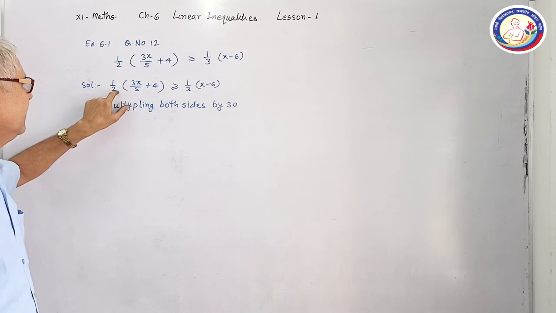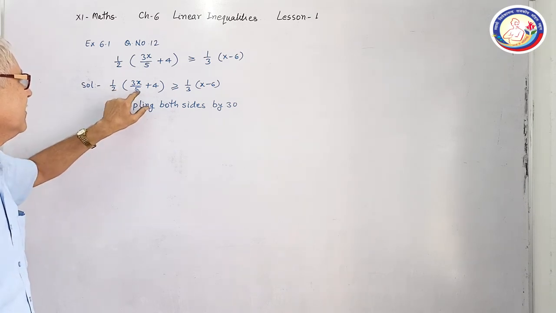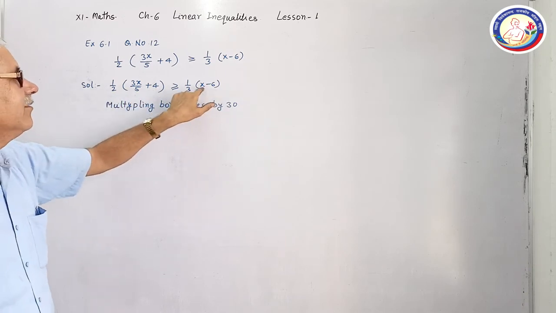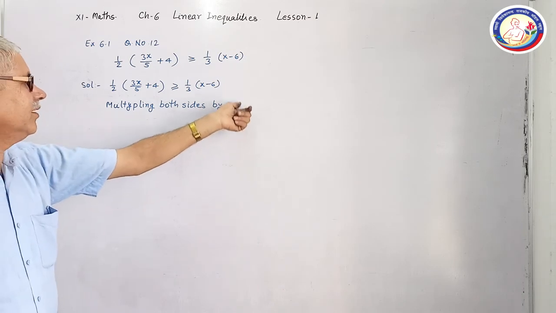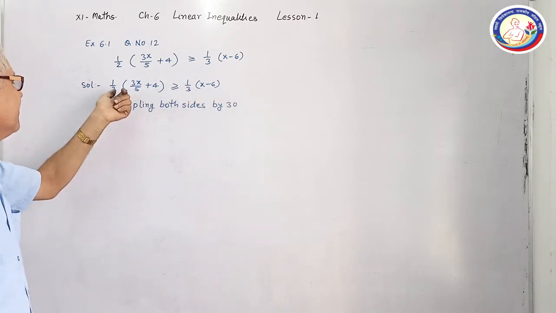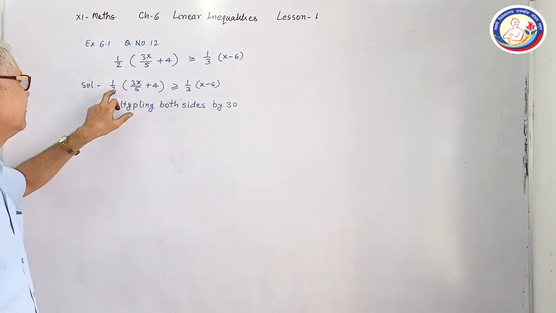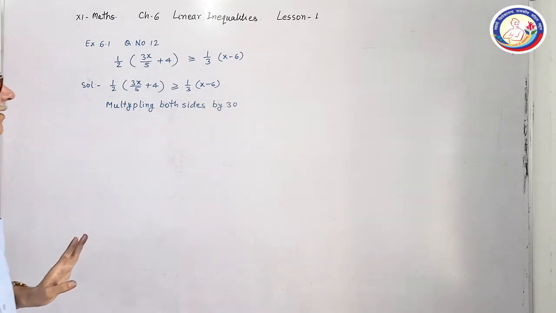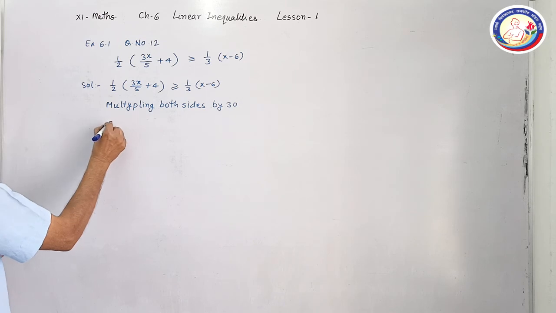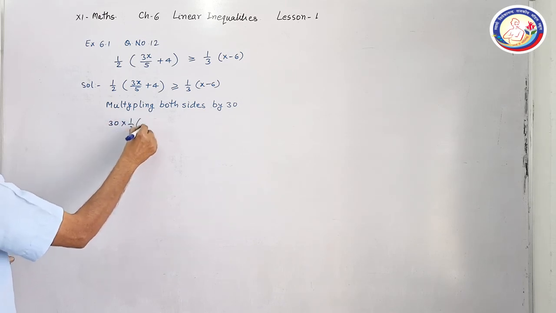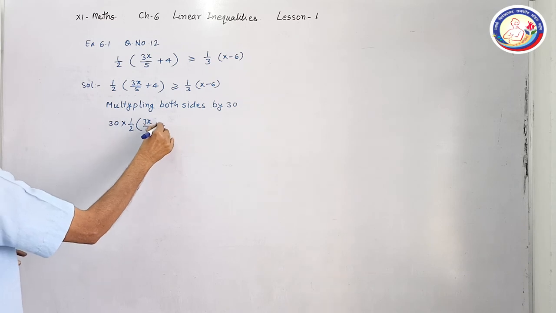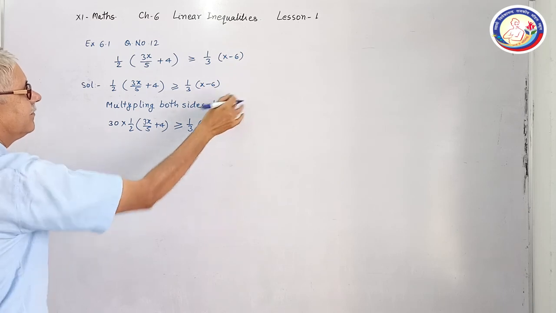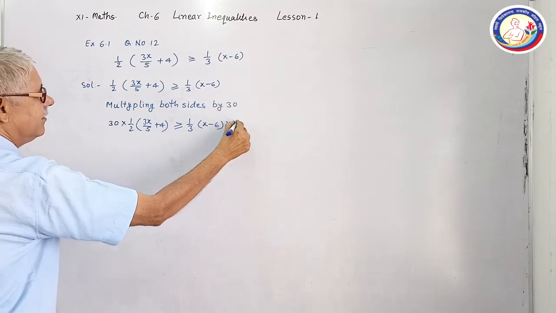Because here in this left hand side we will have in the denominator 5 into 2, that is 10, and again 3 here on both the terms. So to eliminate these denominators, we are multiplying all terms by 30. So 30 into 1 by 2 (3x upon 5 plus 4) is greater than or equal to 30 into 1 by 3 (x minus 6).